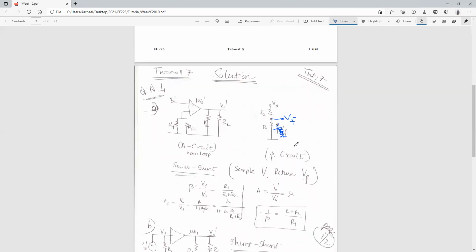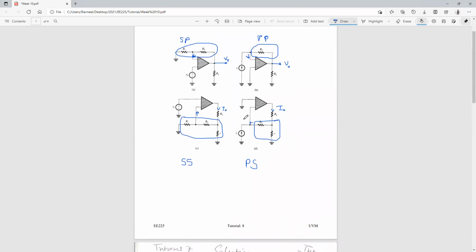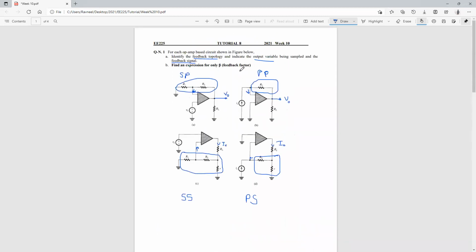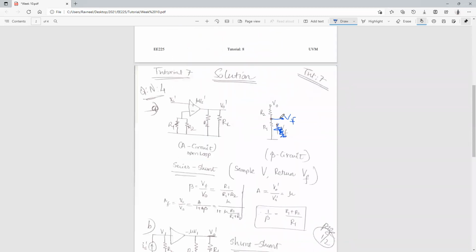So writing the beta gain for this circuit, or the feedback factor, beta. Finding the feedback factor beta is going to be just a simple one.